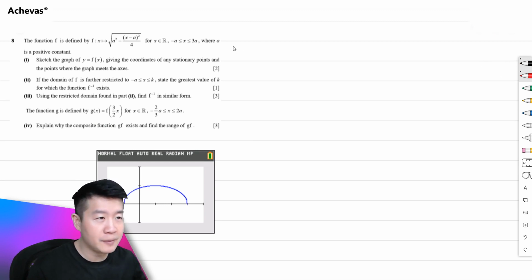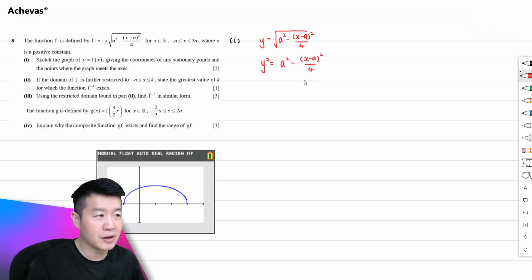So for part 1, if you take a look at the equation here, let y be equal to the square root of a squared minus (x minus a) squared divided by 4. If we square both sides, we get y squared equal to a squared minus (x minus a) squared divided by 4.